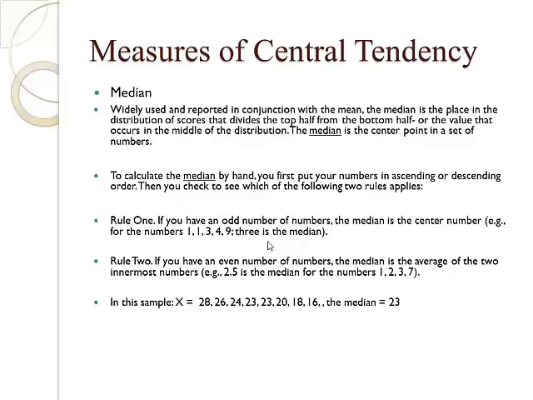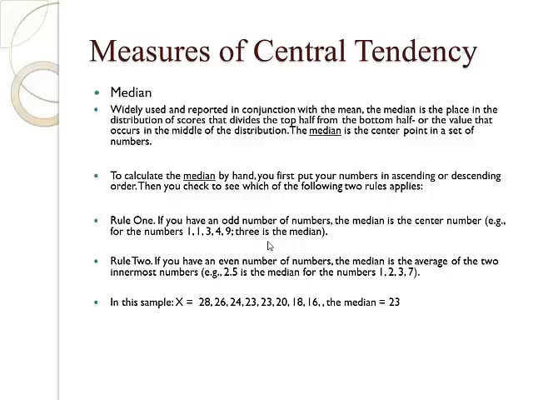To calculate the median by hand, again, I'm sure you're probably familiar with this process, but just briefly, let's look at how this works. To calculate the median, you line up the numbers in ascending or descending order, and then you check to see which of the following two rules apply.